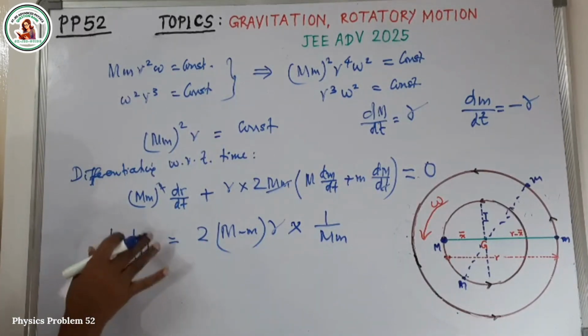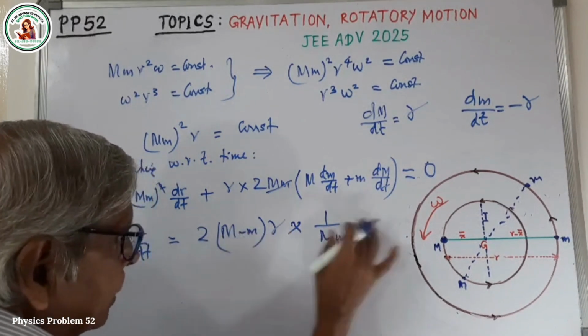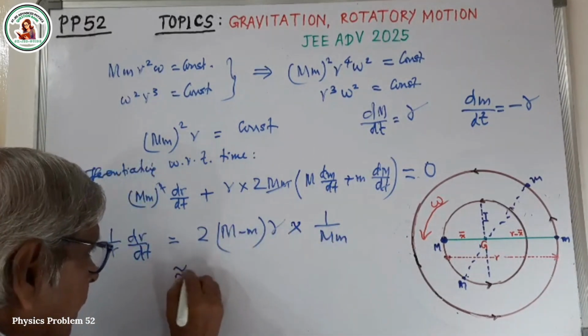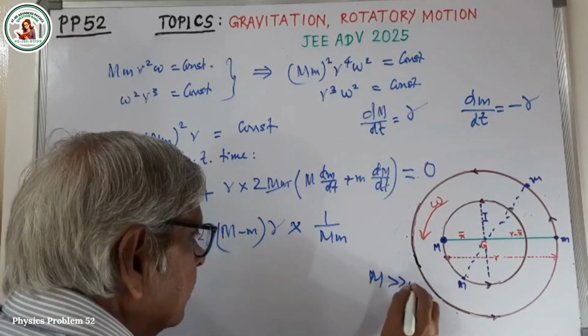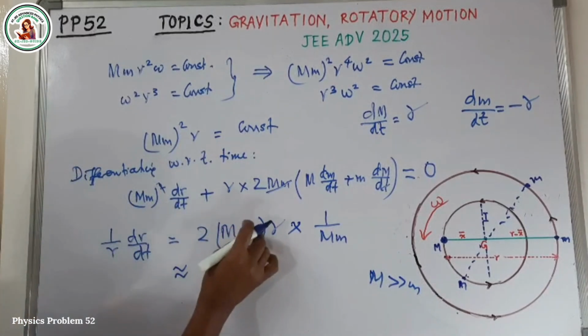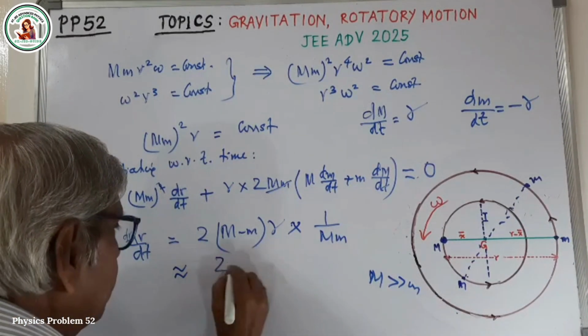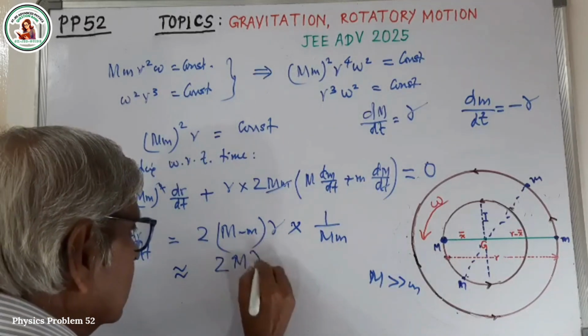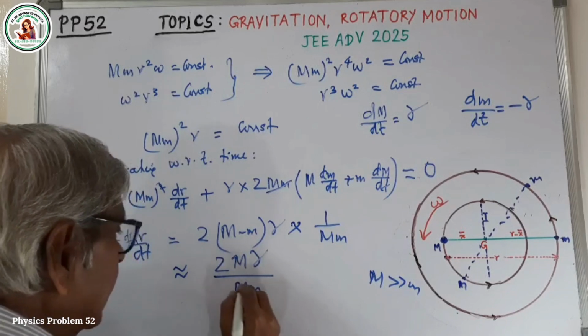This is the expression we want, which turns out to be equal to this. Because capital M is much larger than small m, compared to this M you can ignore this small m. So this becomes 2M gamma by M into m, where M cancels.